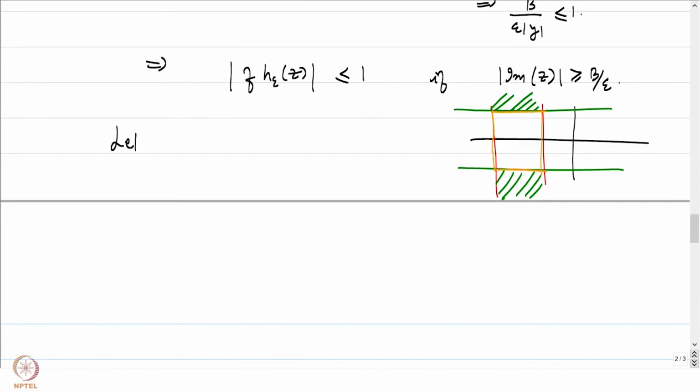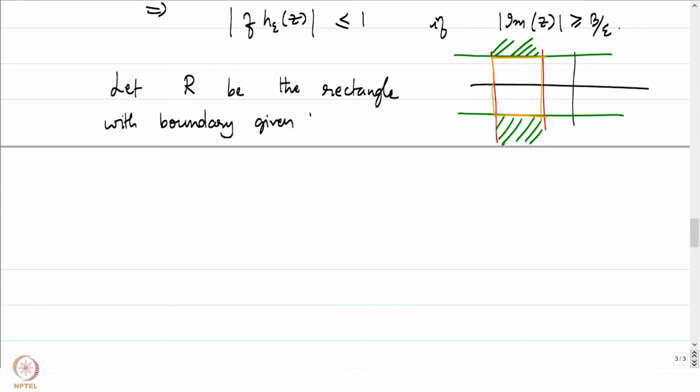Now let R be the rectangle with the boundary given by the orange lines. Let me not write down explicitly what the boundary is, I'll leave it to you. In fact, I'll give you a glimpse of what the boundary can be described as. It will be x is equal to a, y between minus b by epsilon and b by epsilon.